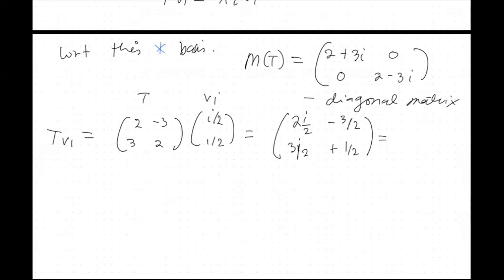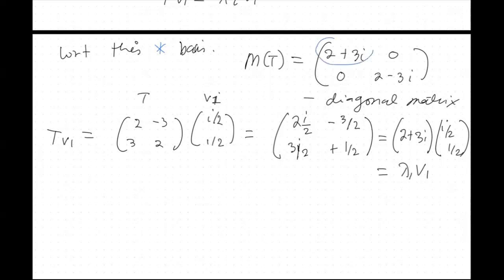This is, of course, 2 plus 3i times i over 2 and 1/2, which is just lambda 1 V1. So here we verify that V1 is an eigenvector associated to the eigenvalue 2 plus 3i, which is appearing here.